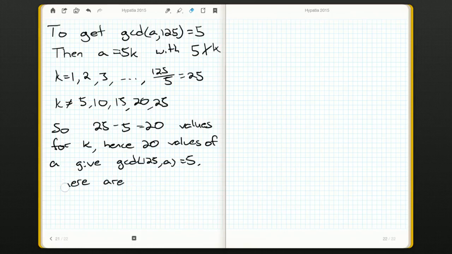Alright, now how many give us a GCD of a? Or sorry, of 1?